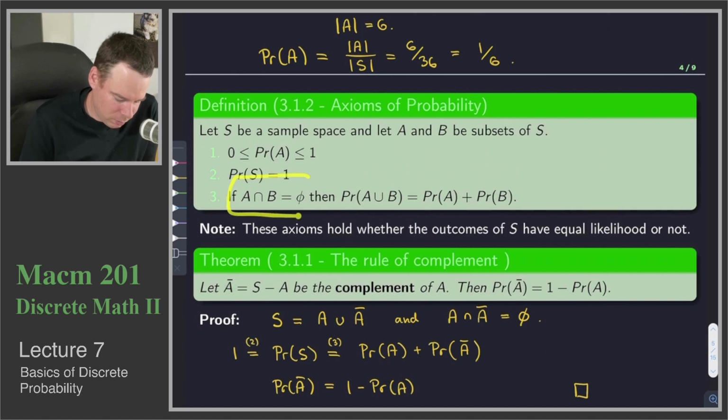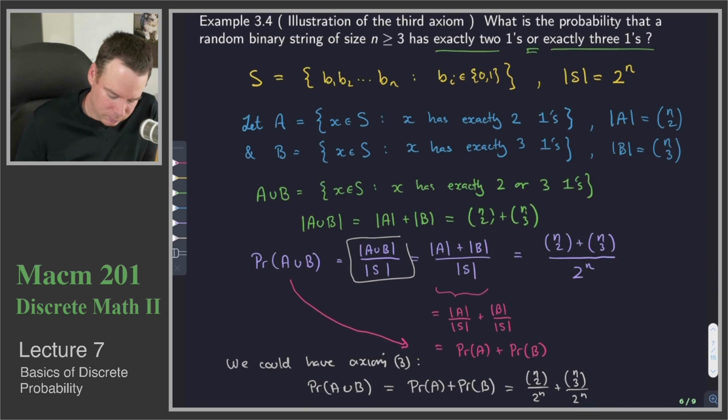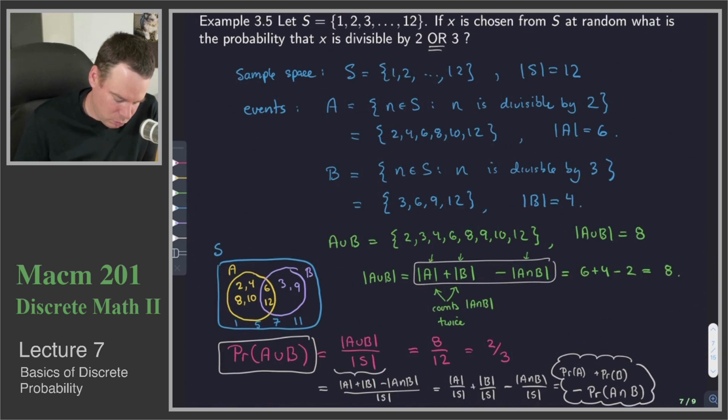Axiom 3 requires the two events to be disjoint. In this case, they aren't disjoint. So I couldn't just say this probability was the sum of the two probabilities, but what I've now been able to discover is that it's the probability of A plus the probability of B minus the probability of A intersect B. So the probability of the events A and B occurring. Because those things essentially were counted twice when we looked at the probability of A plus the probability of B.